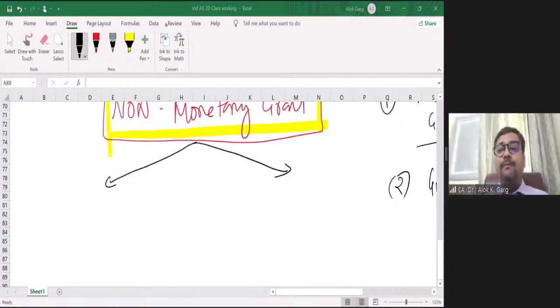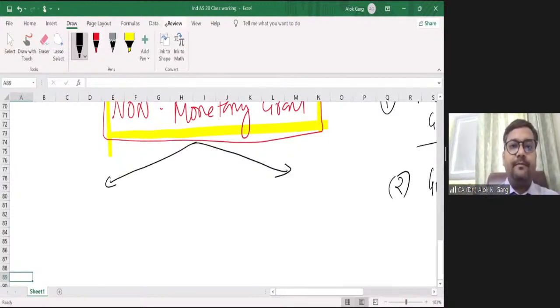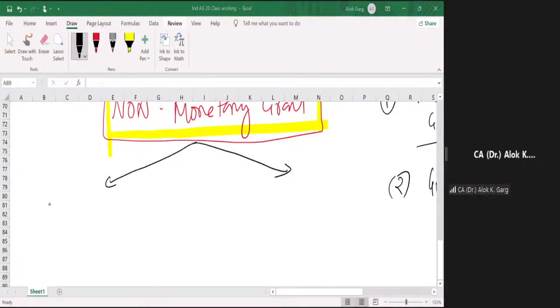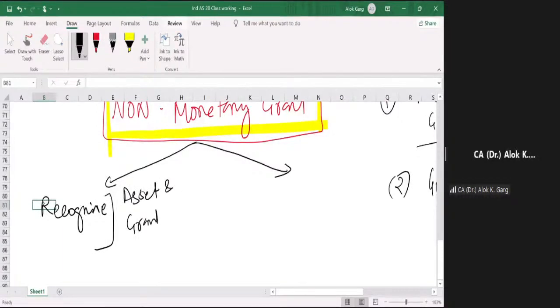For example, the fair value of the machinery is 50 lakh rupees. In this case, recognize asset and grant at fair value.